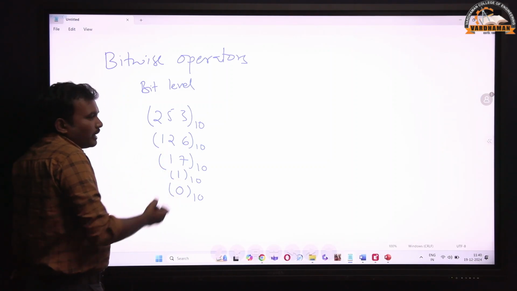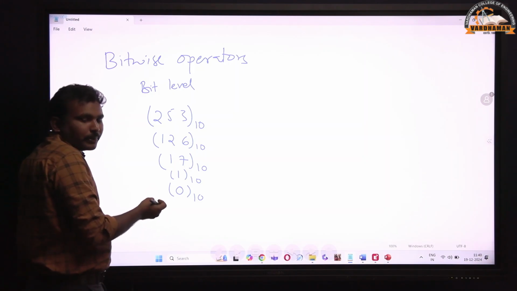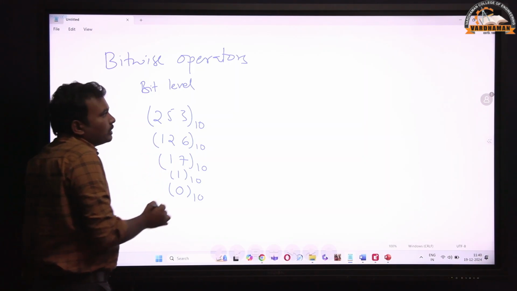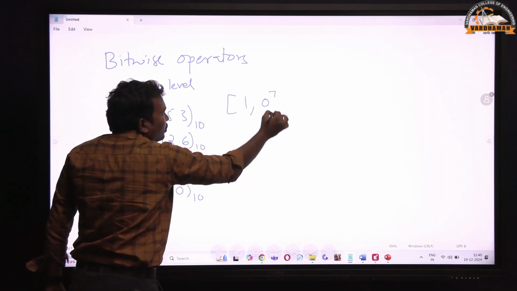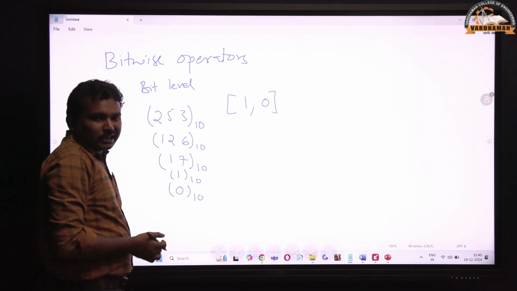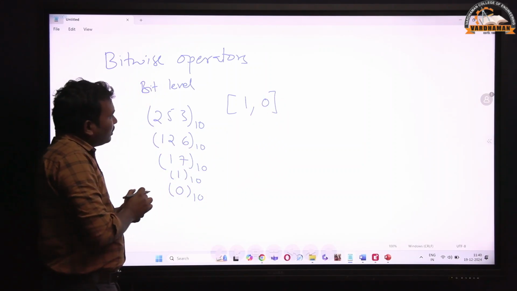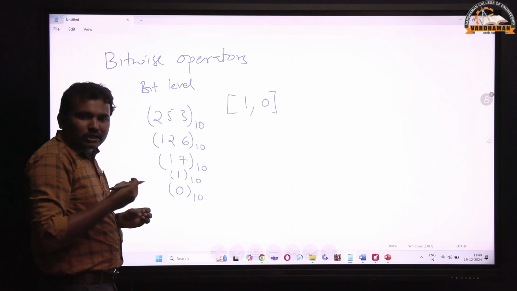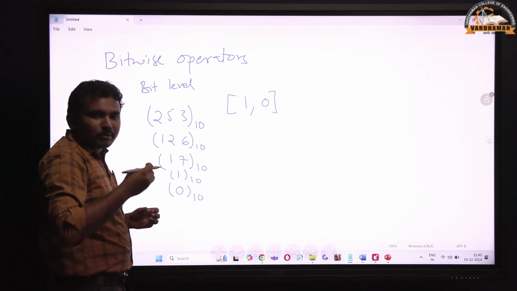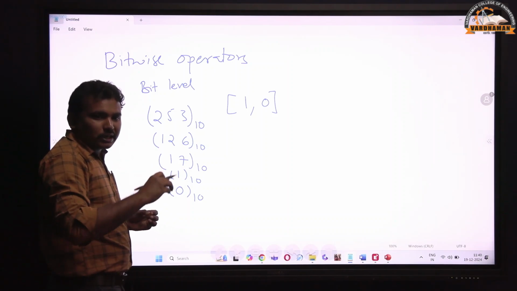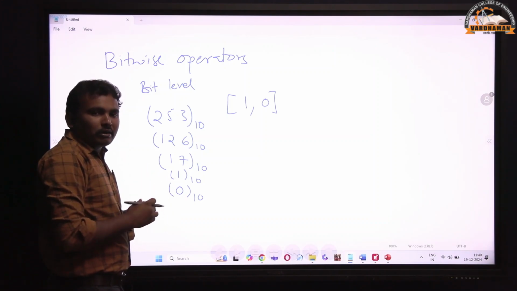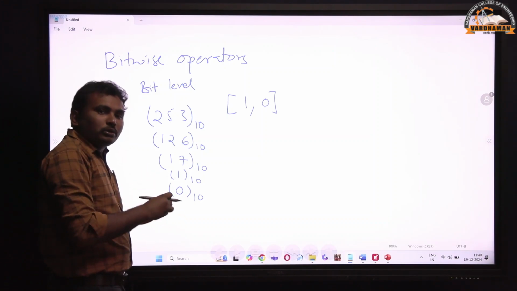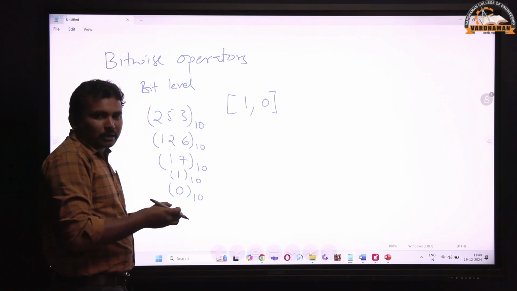So what is binary level? Binary numbers use only 1 and 0 in the representation. In decimal, we use the digits from 0 to 9: 0, 1, 2, 3, 4, 5, 6, 7, 8, 9, to make a number.